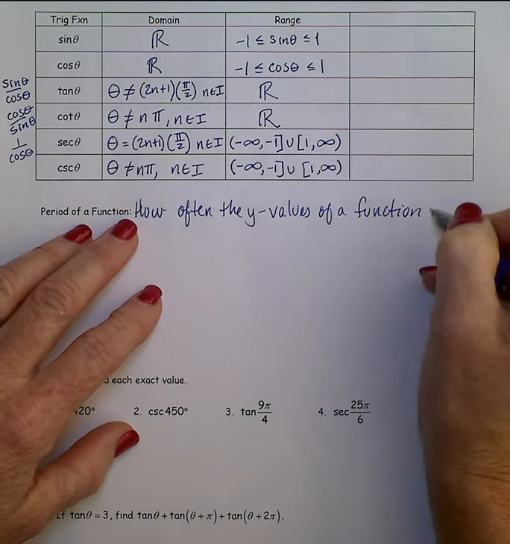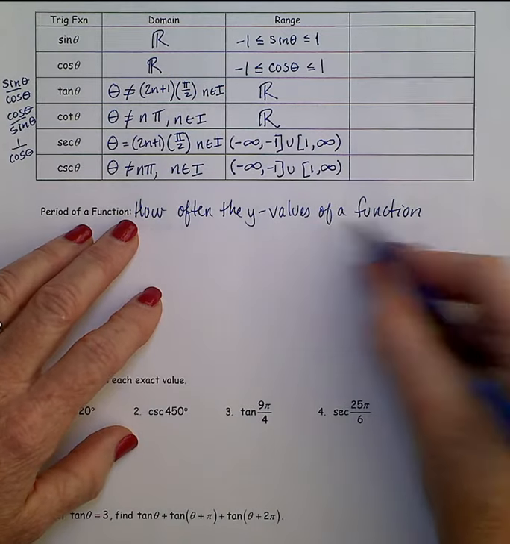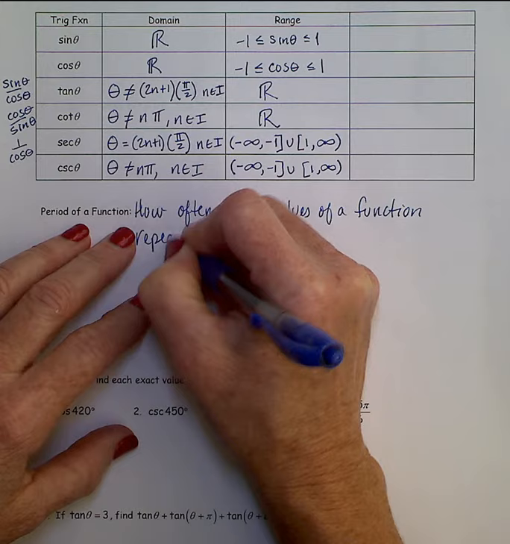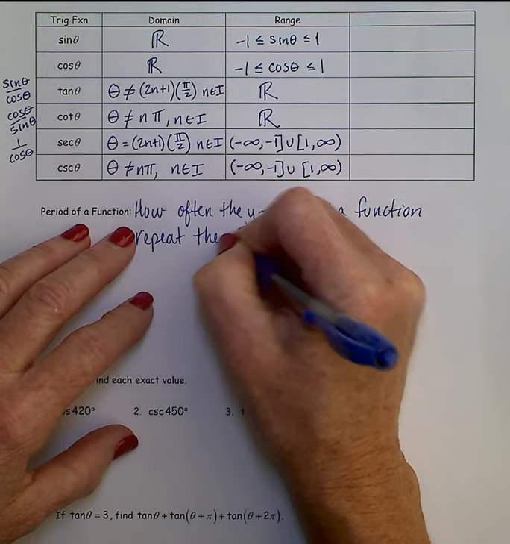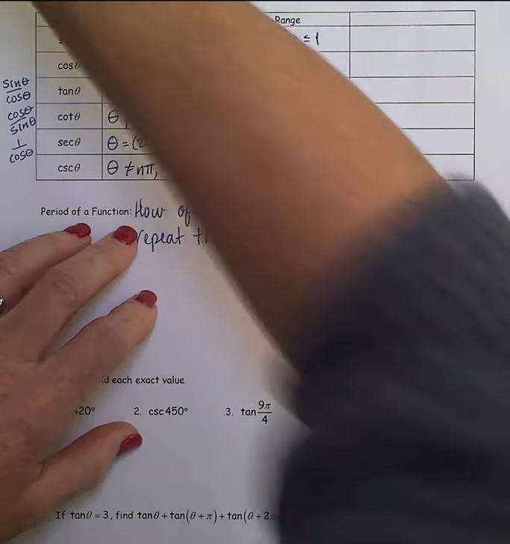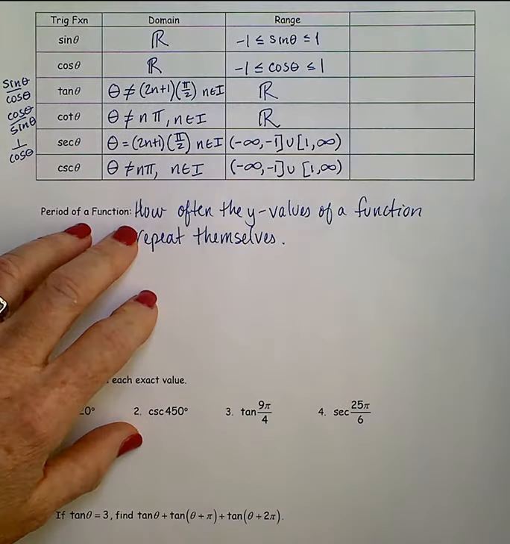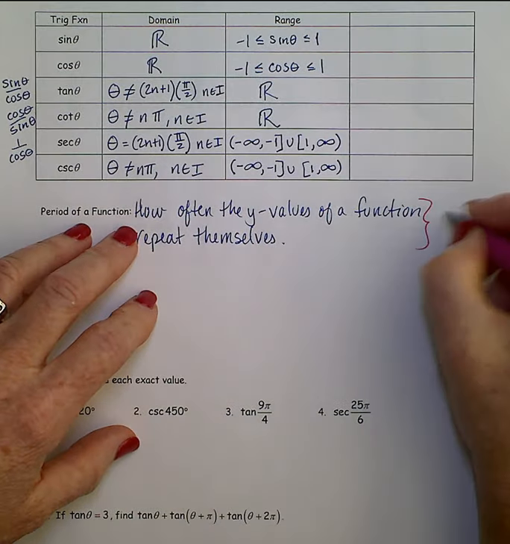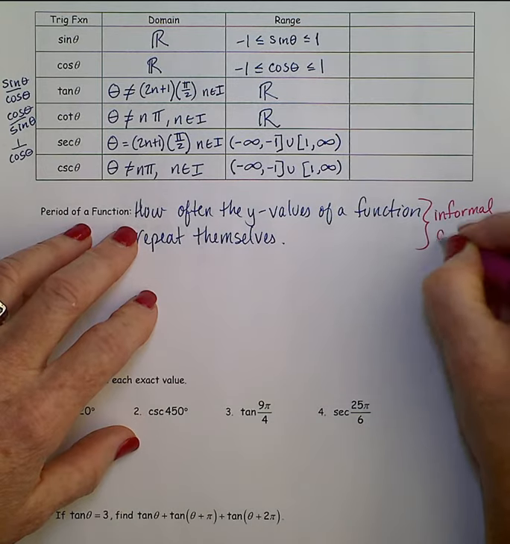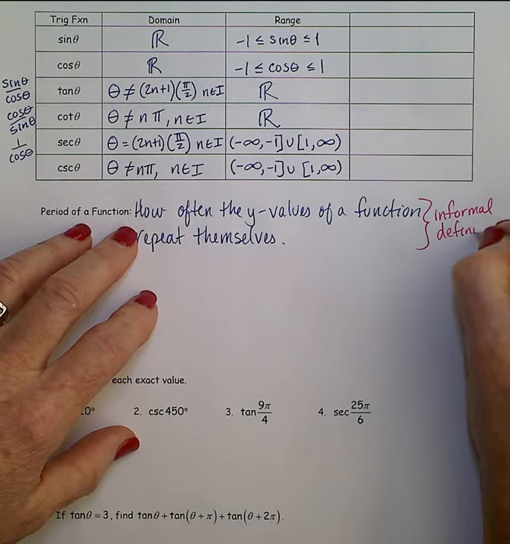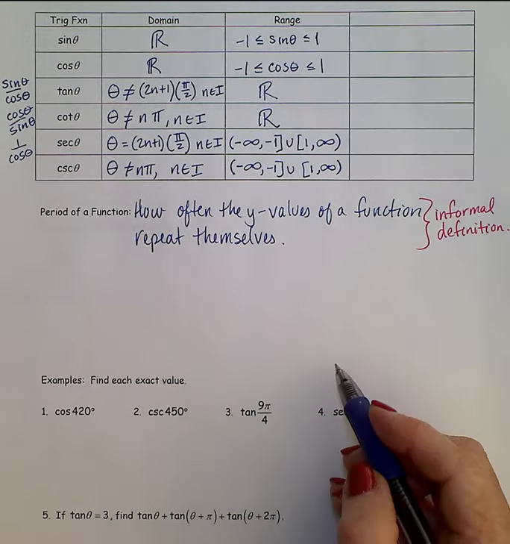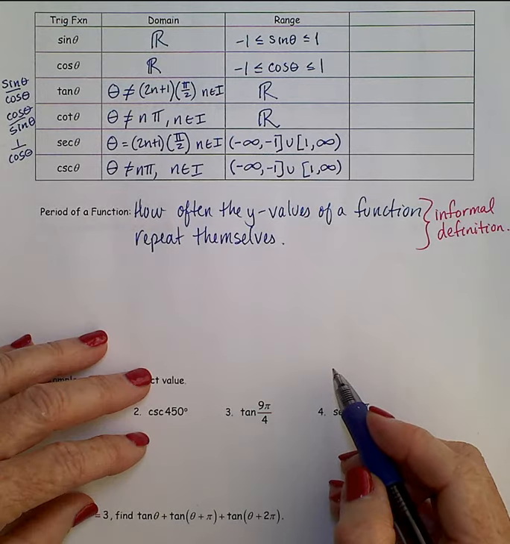Again, the period of a function is how often the y values of a function repeat themselves. That definition is a very informal definition. I'm going to give you a formal definition here in a couple minutes.